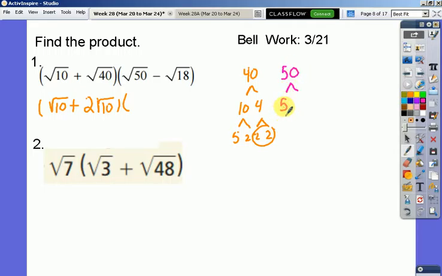And then here, for this next one, square root of 50, we're going to simplify 50. We get 5 and 10, 5 and 2. So we take out a pair, or we take out a 5. And we're left with 2 on the inside.